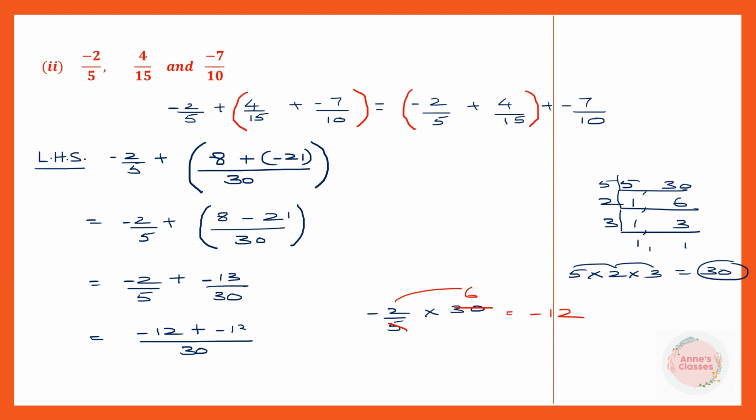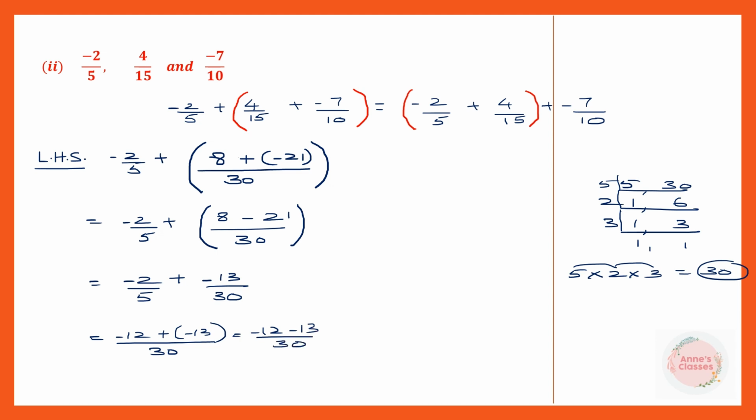So that's minus 13. So this is now equal to minus 12 minus 13 by 30. So here you can see minus 12 minus 13, signs are the same. So we put the same sign and we add 12 plus 13 is 25. Minus 25 by 30. This is the answer that we have got here on the left hand side.